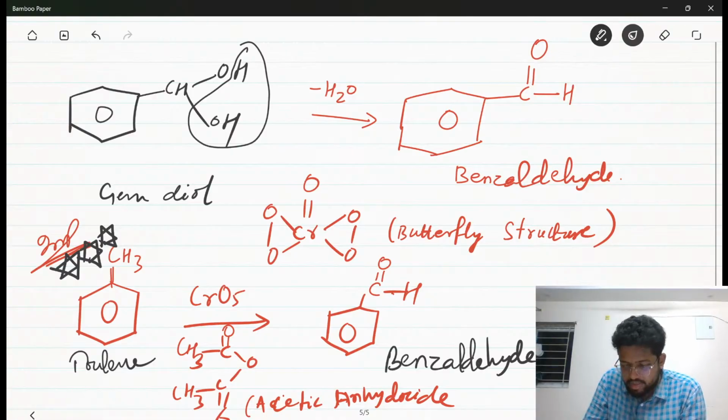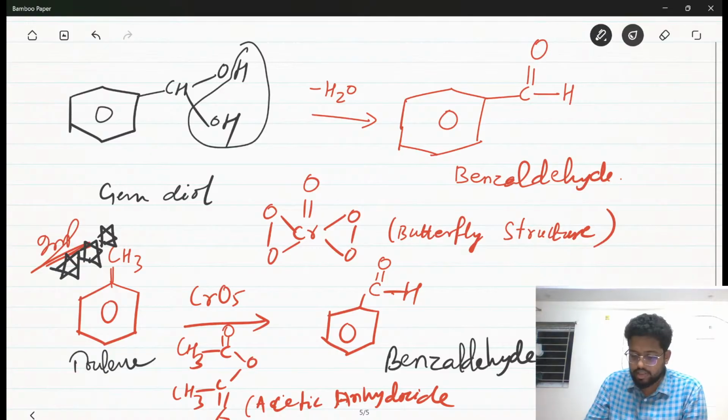Now next, I have to teach you regarding Gattermann-Koch reaction and Gattermann aldehyde synthesis. Let's see how Gattermann-Koch reaction works and how Gattermann aldehyde synthesis works.